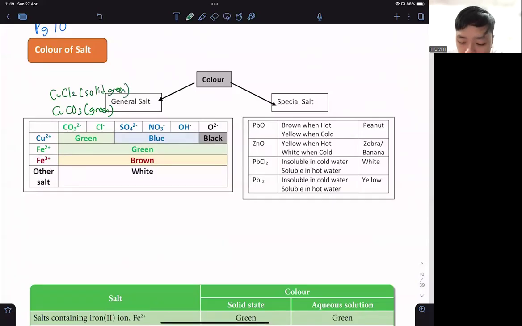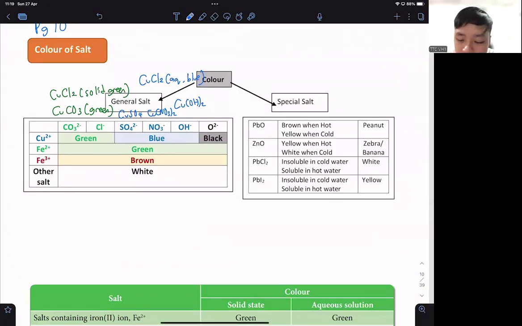But for others like copper 2 sulfate, copper 2 nitrate, copper 2 hydroxide, all these are blue color. Even copper 2 chloride, when you dissolve it in water, in aqueous form, is also blue color.